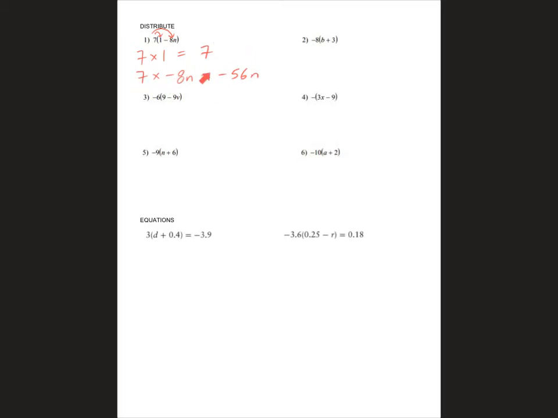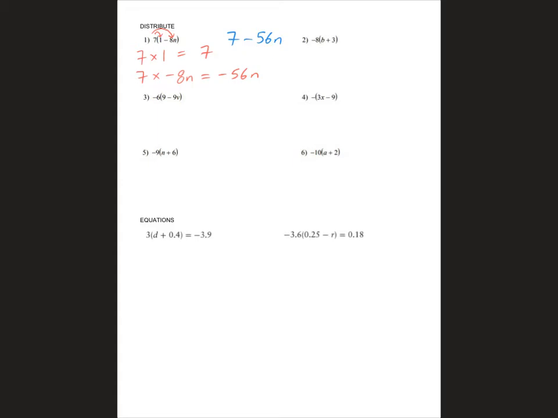So now we're left with this, okay? We're just going to write them side by side. So the answer to this would be 7 minus 56n, okay?